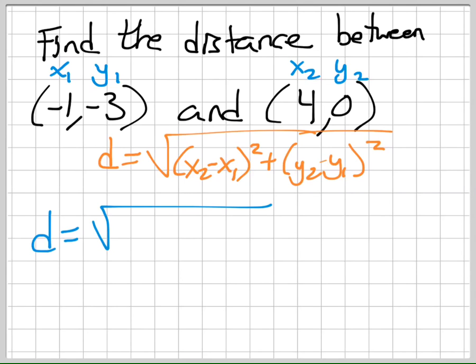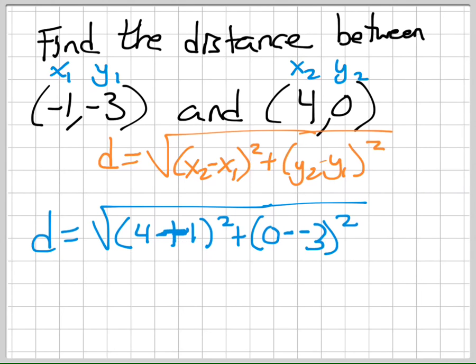I'm going to take the second x value, which was 4, minus the first x value. This might be where one common mistake came in. It's minus the negative, which when you have back-to-back negatives, it becomes a plus, right? Plus the second y coordinate minus the first y coordinate. Again, I have back-to-back negatives. That becomes a plus.